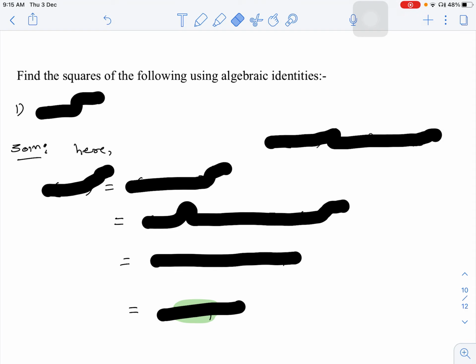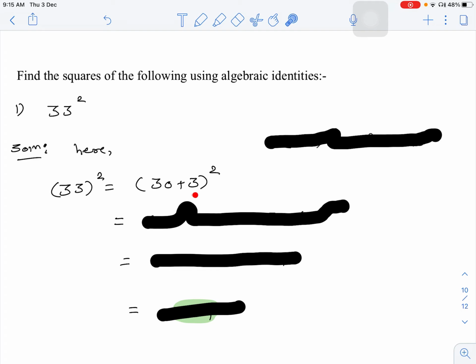Here it is given: find the square of the following using algebraic identities. Our first example is 33 square. Now here 33 can be written as (30 plus 3) bracket square. It is in the form of (a plus b) bracket square, so we can make use of this identity: first term square plus 2 into first term into second term plus second term square.